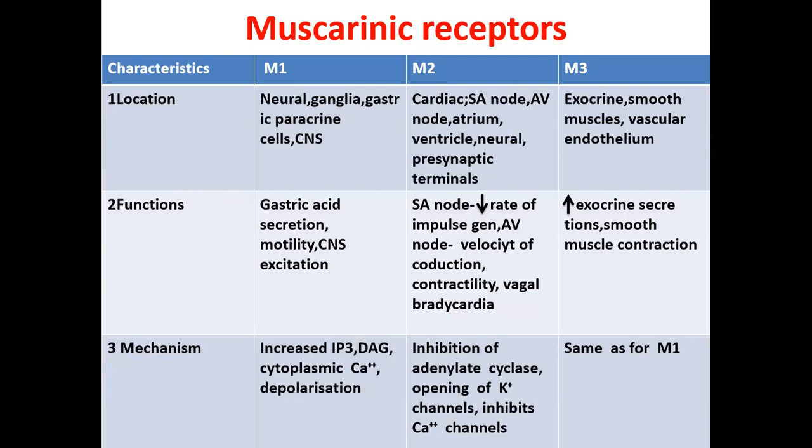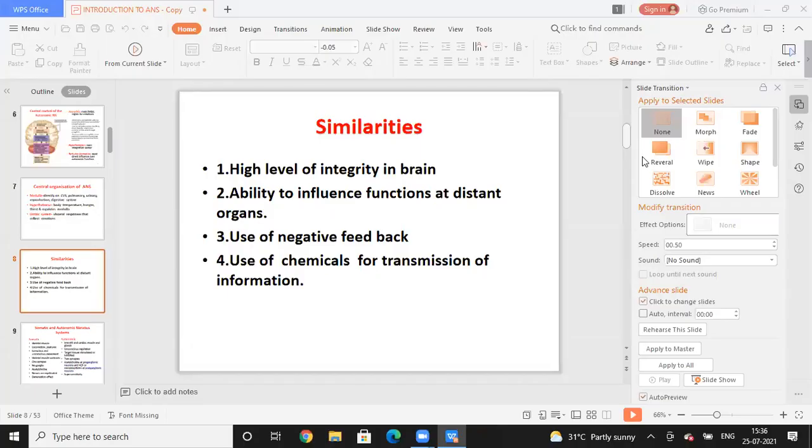They reduce AV nodal conduction velocity, reduce contractility, and cause bradycardia due to vagal effects. On M3, the functions are increased exocrine secretions and smooth muscle contraction.